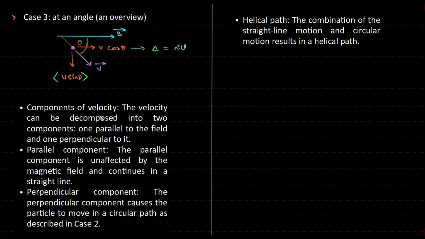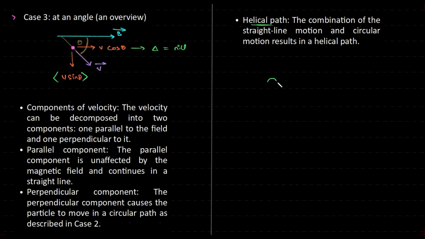The velocity can be decomposed into two components, one parallel to the field and one perpendicular. The parallel component is unaffected by the magnetic field and continues to move in a straight direction. The perpendicular component causes the particle to move in a circular path, as discussed in case 2. At the end of it, what we get is a helical path.